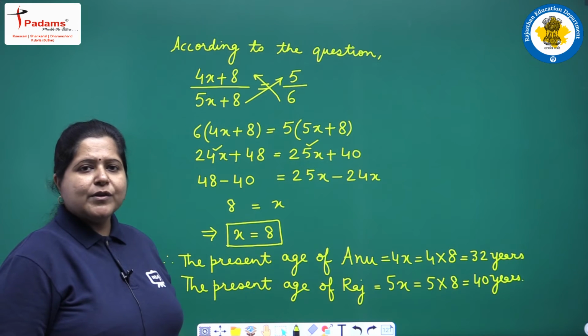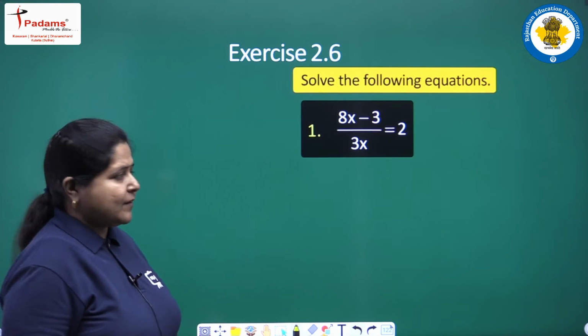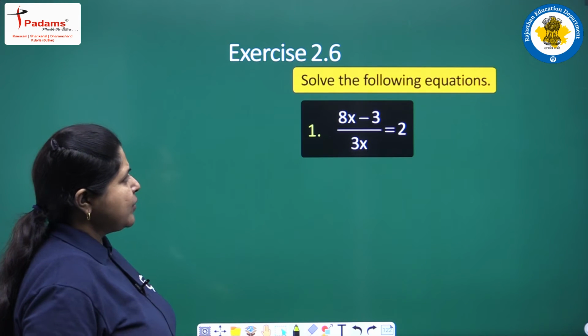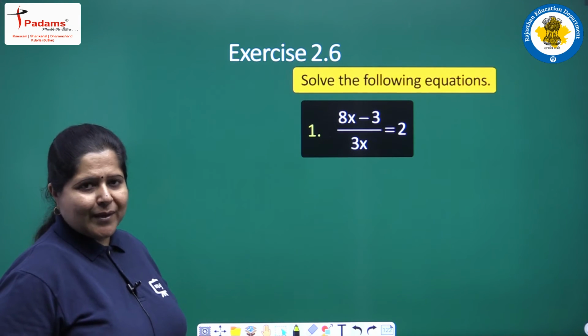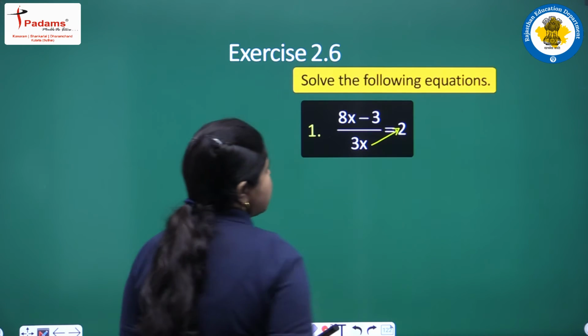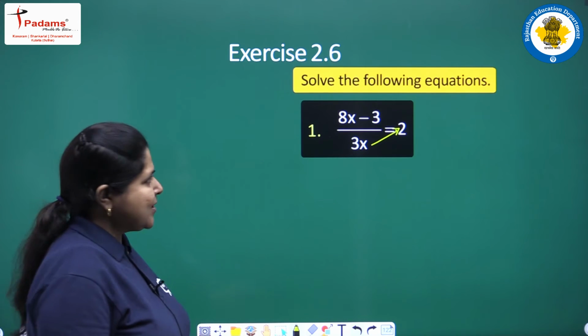With this, we move on to exercise 2.6. We have the first question for you: (8x - 3)/3x is equal to 2. Simply, we need to cross multiply. This 3x will move on to the RHS.